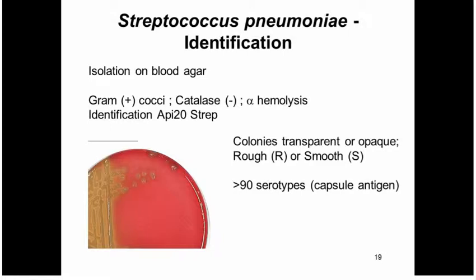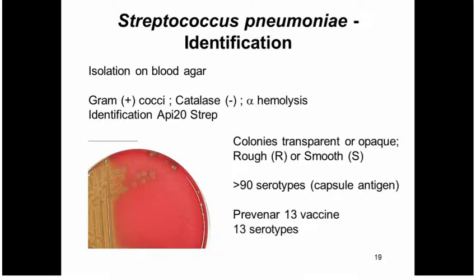However, among Streptococcus pneumoniae that circulate in the European population, there are more than 90 different serotypes of capsule antigen, which is going to be a problem for vaccination. Except, fortunately, only a small number of these different strains are responsible for invasive infections, which are causing the real clinical problems.